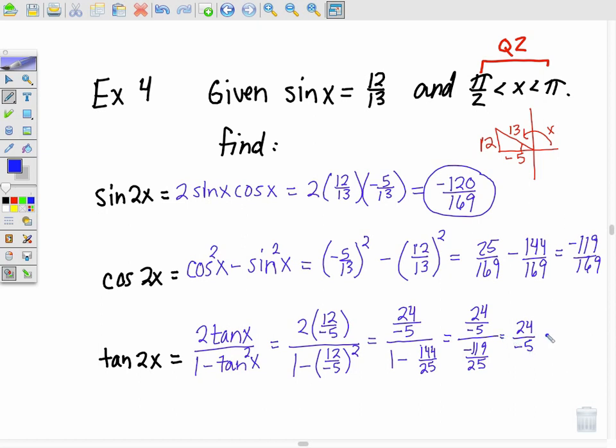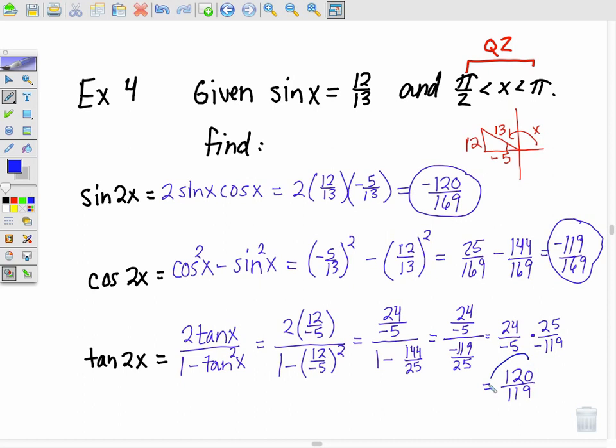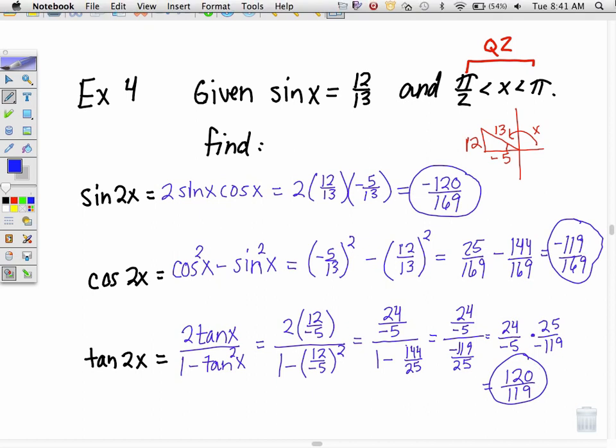Multiply by the reciprocal. So we're going to have 24 over -5 multiplied by 25 over a -119. Final answer, because I can go ahead and multiply and simplify. The negatives are going to become positive. We get 120 over 119. All right, so there are our solutions here for each of those double angles.